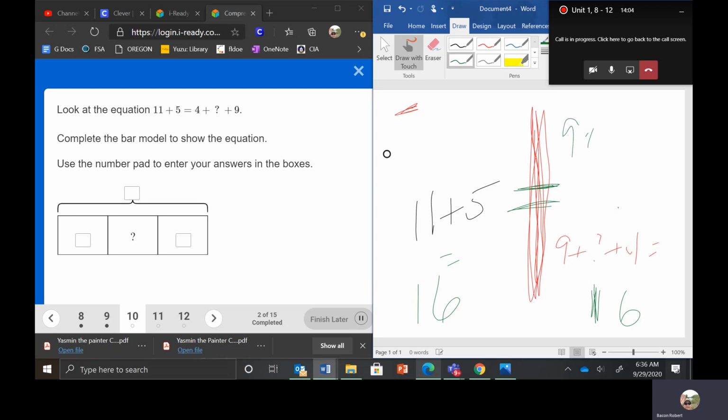And then I'm going to make my 4 into 1 plus 3. And then 9 plus 1 equals 10 plus 3 equals 13. So 9 plus 4 equals 13.